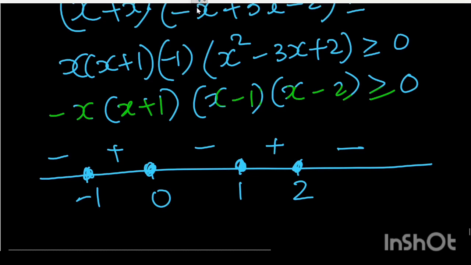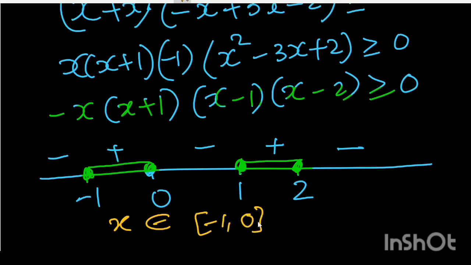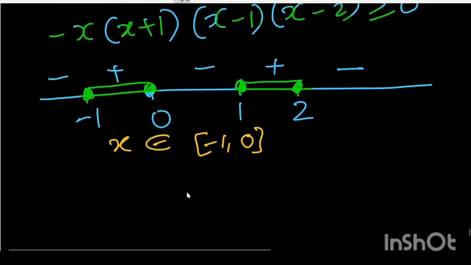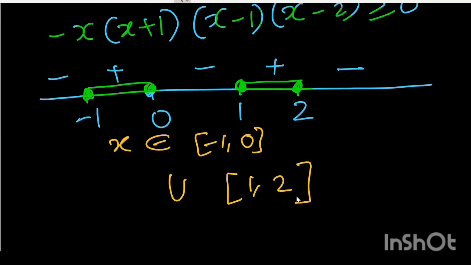So we will join minus 1 and 0, and we will join 1 and 2. So the answer would be from minus 1 to 0 union 1 to 2, both included, which can be written like this: x belongs to [minus 1, 0] union [1, 2]. That way we can do, guys.